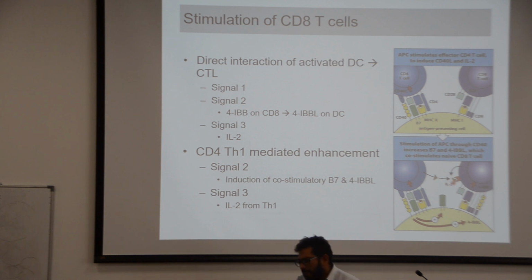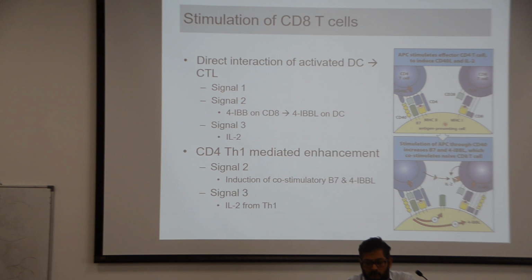Now, IL-2 is explicitly mandatory for T cell expansion. If IL-2 is not there, the clonal expansion shrinks. So this is why, while the CD8 T cell is getting engaged on the antigen presenting cell through MHC class 1, it simultaneously needs CD4 T cell help.